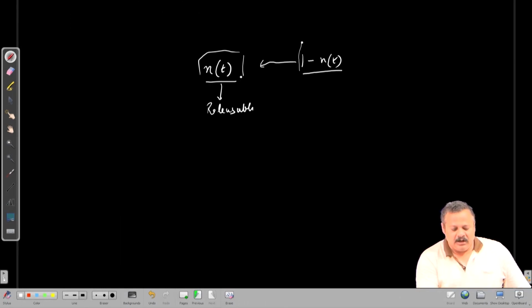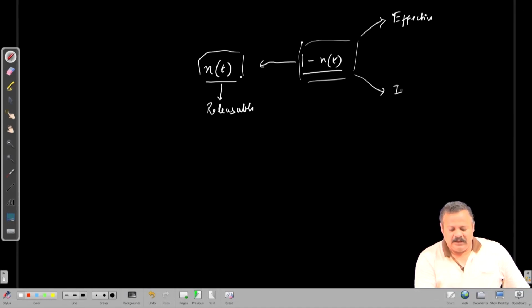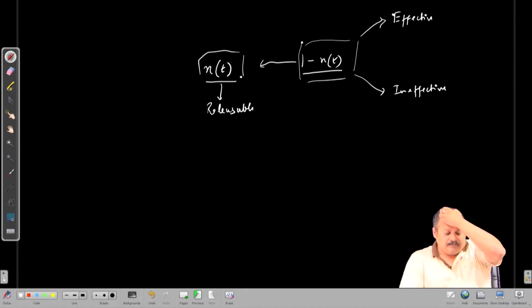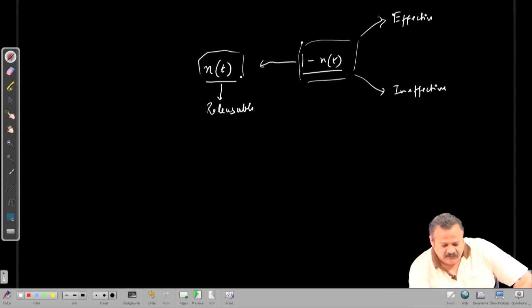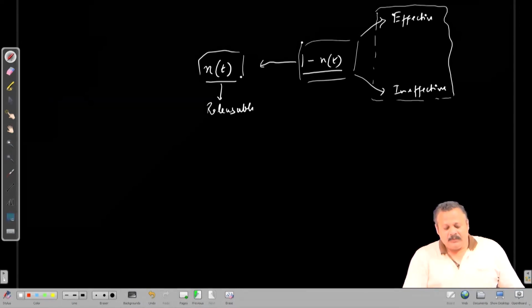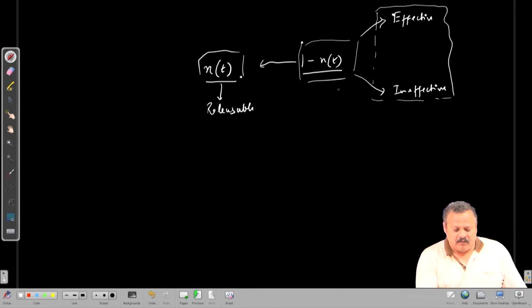In our earlier three-state model, this particular state was divided into two parts: one is the effective part and the other is the ineffective or inactive part. Now, for the sake of simplicity, we will combine these two and keep them as one pool and consider only a single time constant of recovery, tau r.